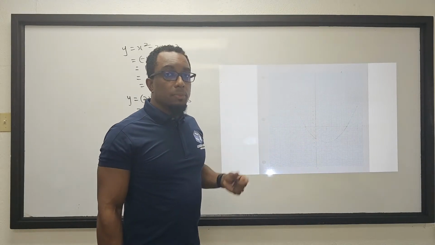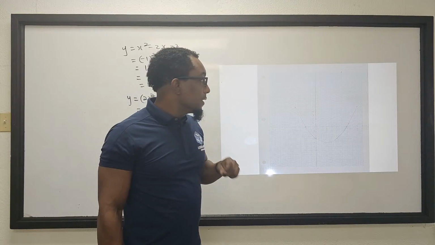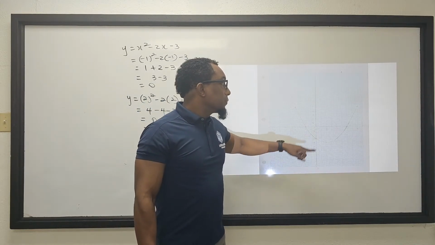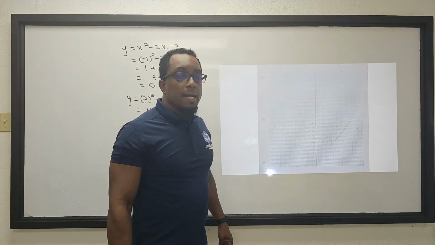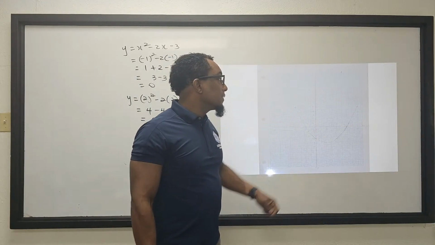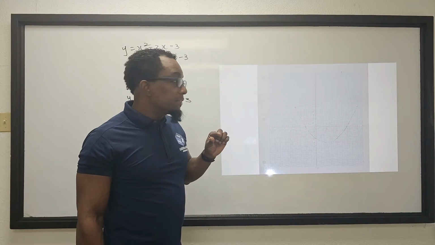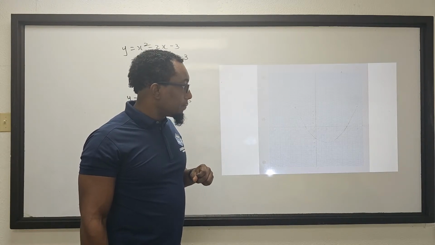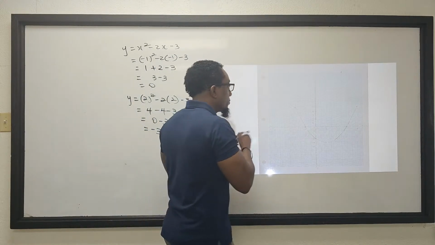Alright? So 2 centimeters equal to 1 unit. Remember, 2 centimeters will be 10 subdivisions on the x-axis, 10 of those small boxes. From the origin, every 2 centimeters we increase by 1 unit. And on the y-axis, 1 centimeter equal to 1 unit. 1 centimeter will be 5 subdivisions on the y-axis. And when we plot, this is what we are going to get.